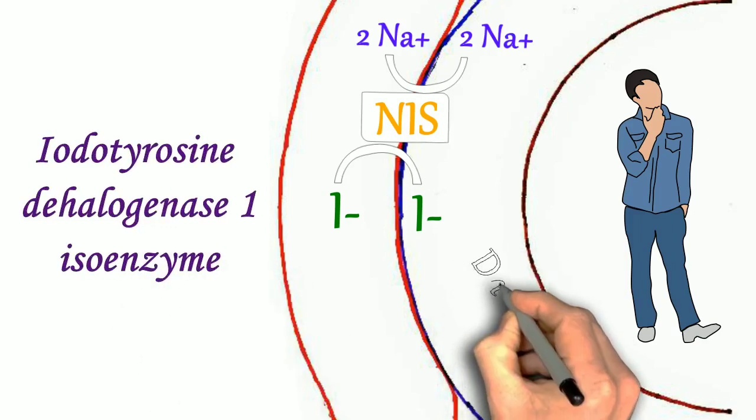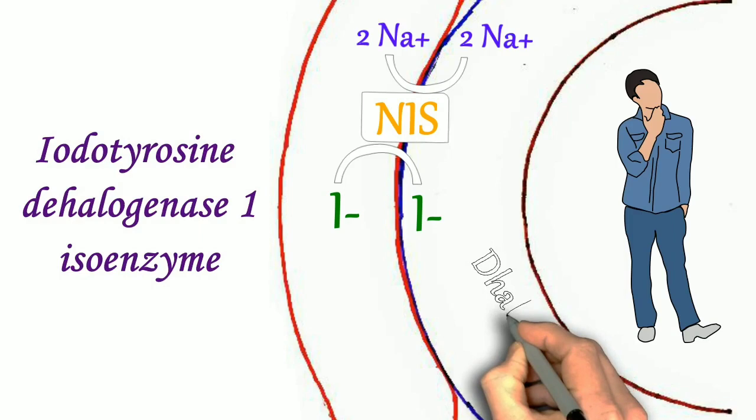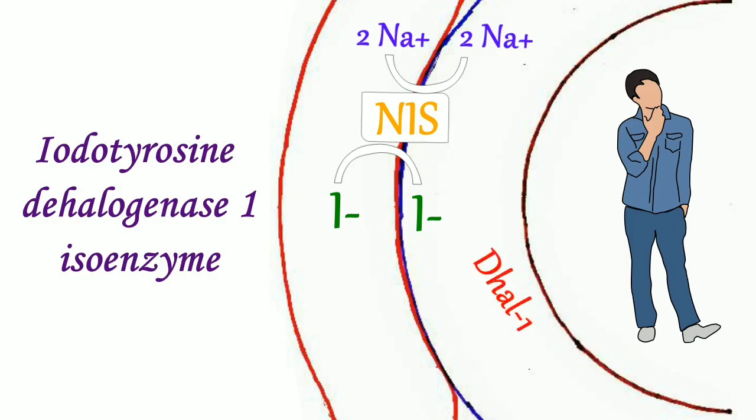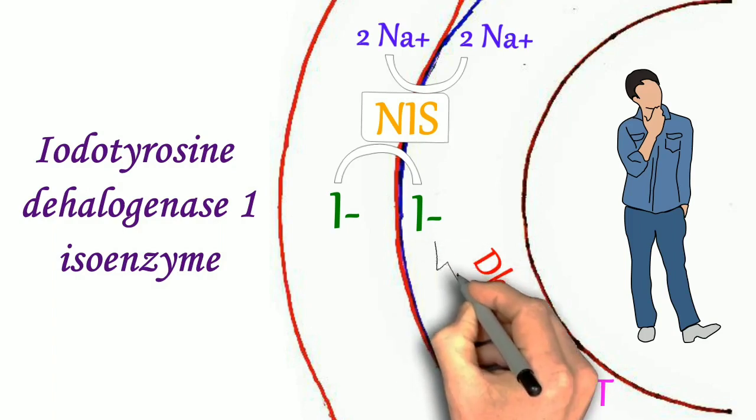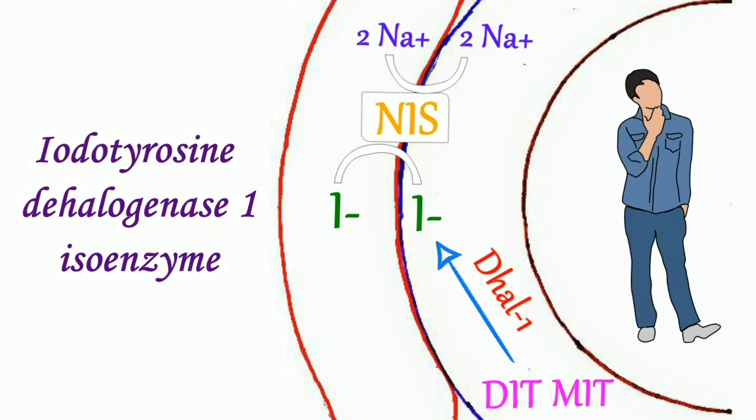This iodotyrosine dehalogenase 1 isoenzyme or DEHAL1 enzyme deiodinates the monoiodotyrosine and diiodotyrosine. This MIT and DIT are the molecules which lead to thyroid hormone formation.